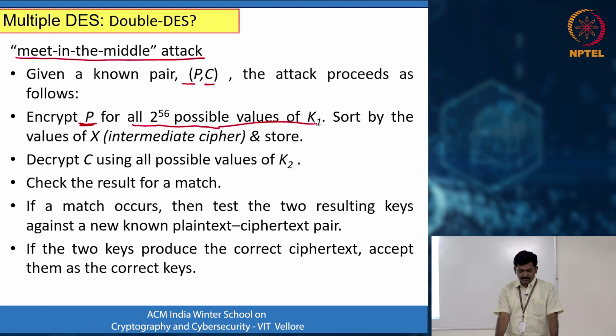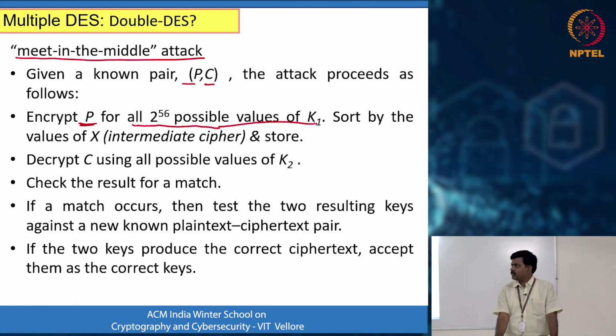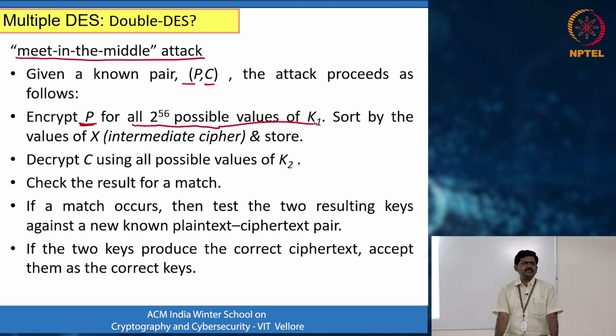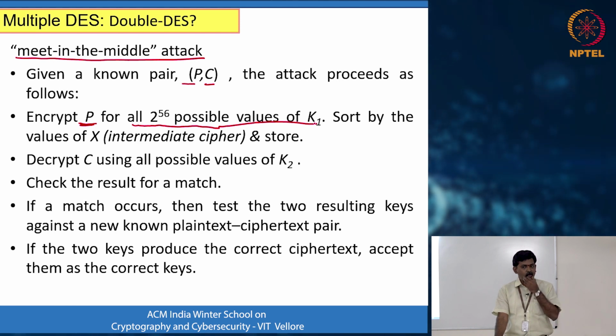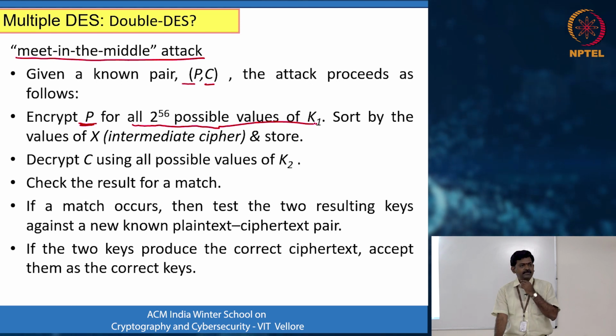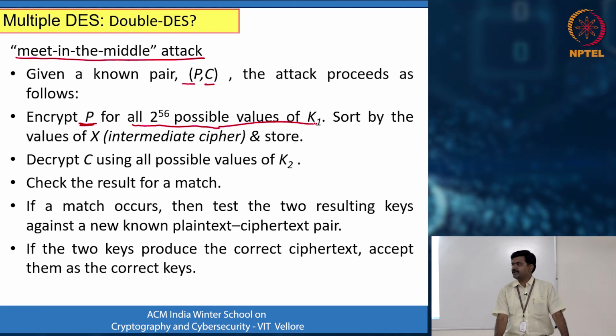That means he is doing the plain text encryption with all possible keys, so it's a brute force attack. What operation is he doing? Encrypting. Number one, can he do encryption or not? He can do encryption. Anybody can do encryption.